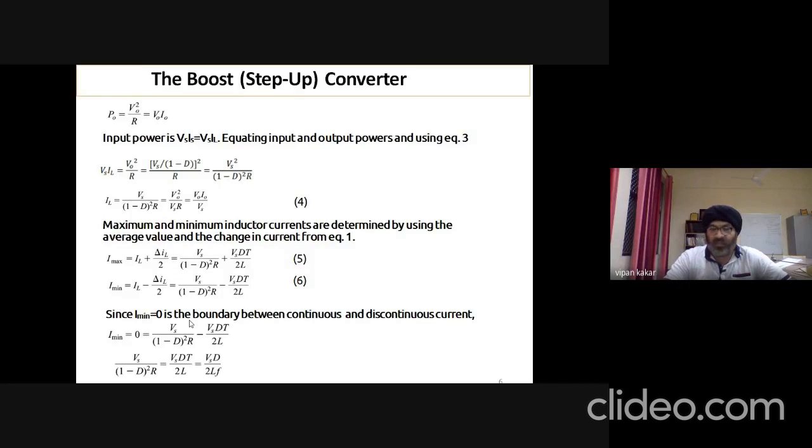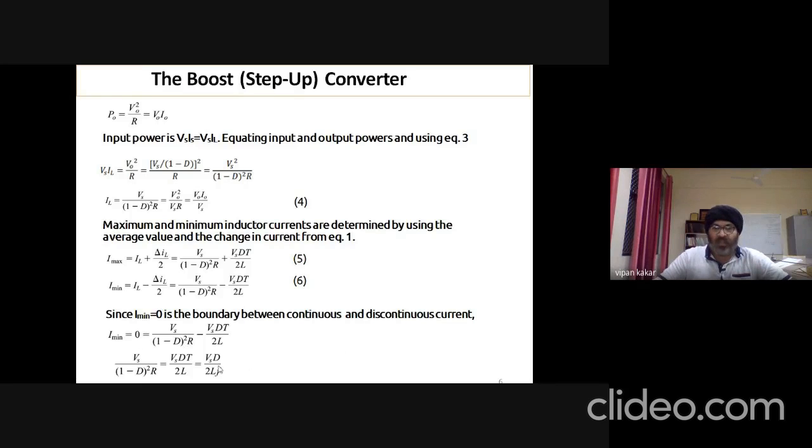That is called the boundary, as we discussed in the buck converter's case. So we put this I minimum value equal to 0 and we get this value, Vs multiplied by D divided by 2LF. So that will give us the boundary condition that for that particular value of L or particular value of F, the inductor current will reach 0.